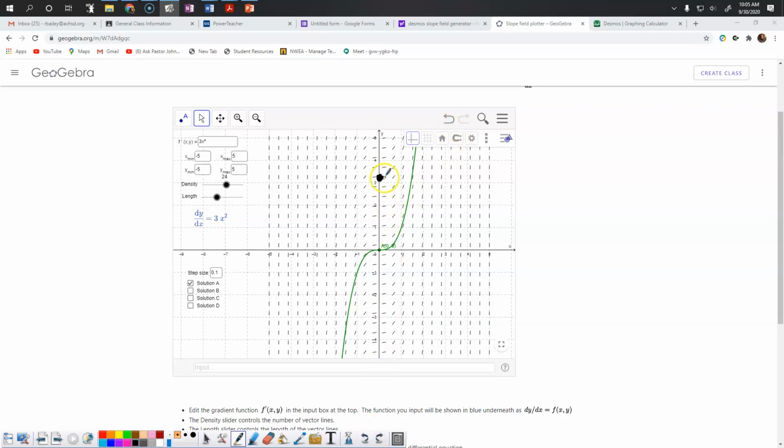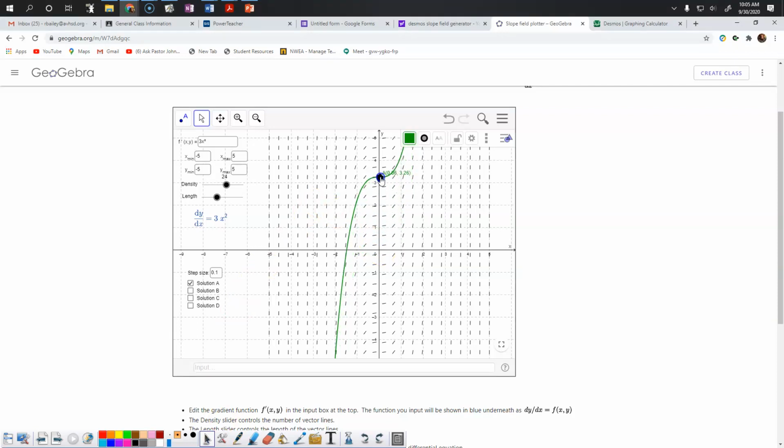And it's going to float along the slope field. So see if you guys could sketch what that would look like. You could do it mentally. You could just trace it with your finger on your computer screen, whatever you want to do. Now, I'm going to take this one point they gave us here, and I'm going to slide it up here. And that's what your graph should look like.